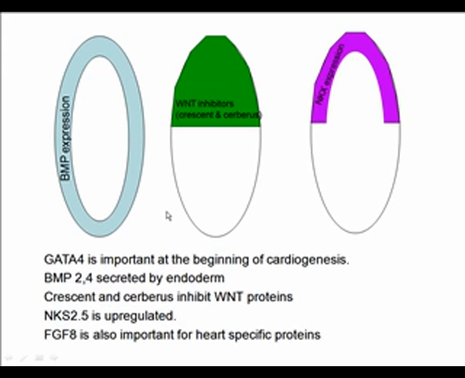Crescent and Cerberus are going to be important in inhibiting the Wnt genes, and the combination of the BMP secretion and the Wnt inhibitors is going to allow for an upregulation of NKX2.5. NKX2.5 is very important in terms of the development of the cardiovascular system. In addition, fibroblast growth factor is important for some of the heart-specific gene proteins to be expressed.